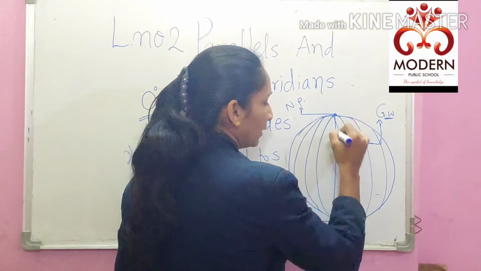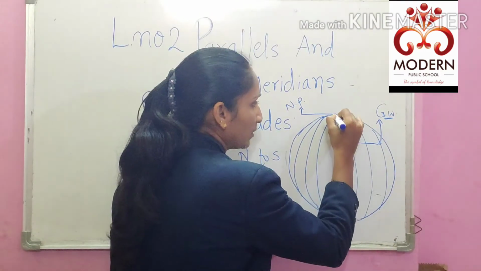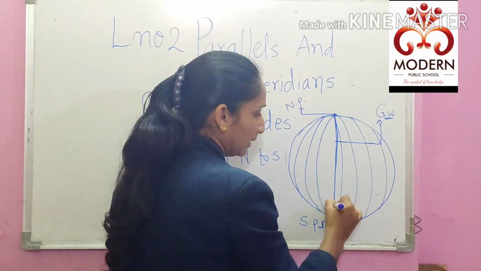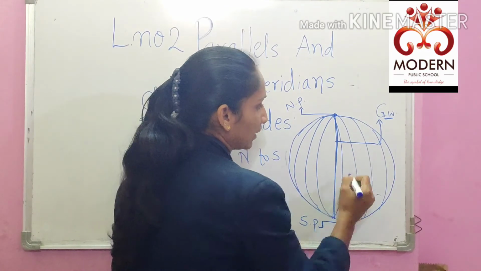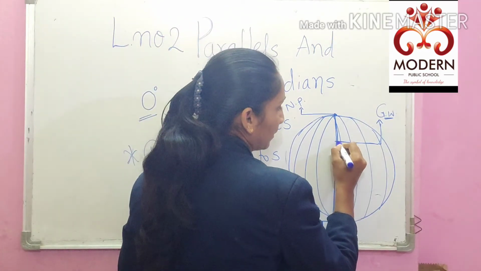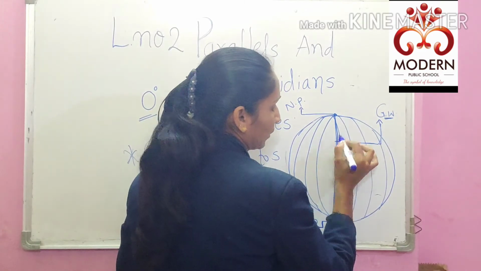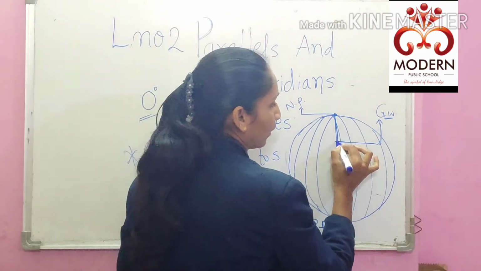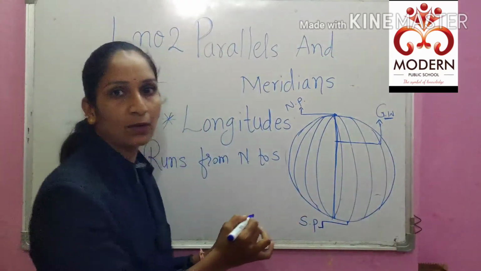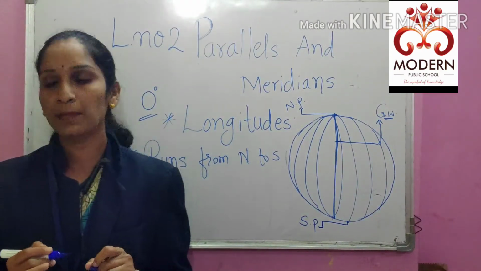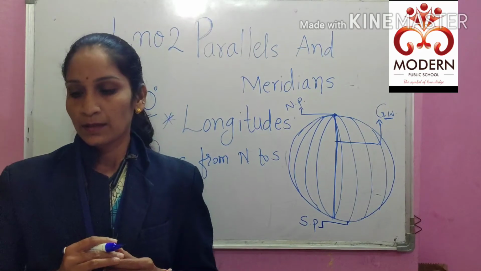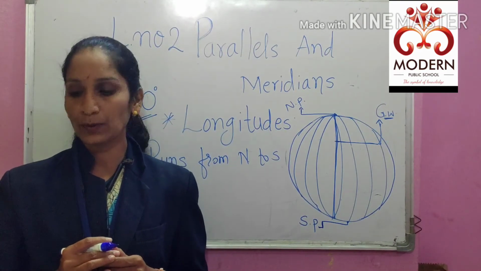Greenwich is a city, and the middle meridian line passes through it. We call it the Greenwich meridian. It is marked as 0 degrees.